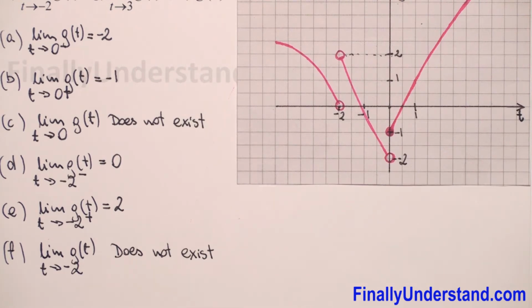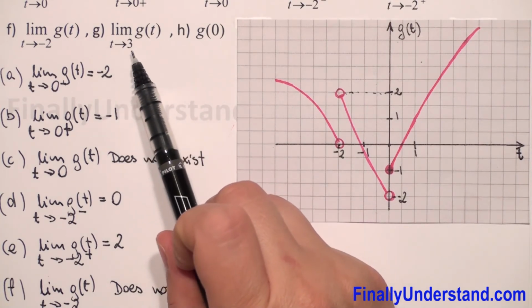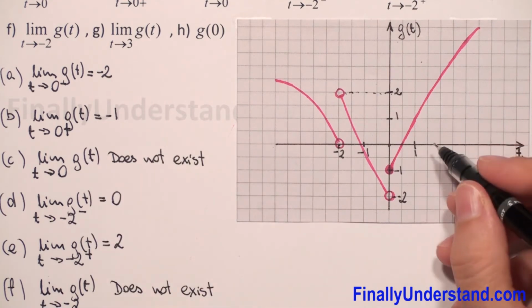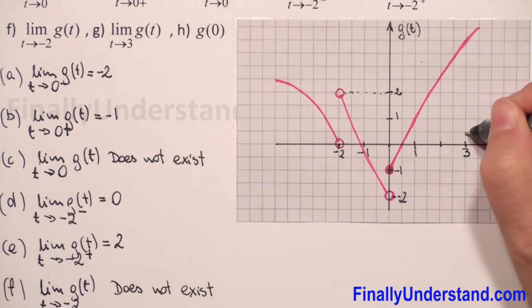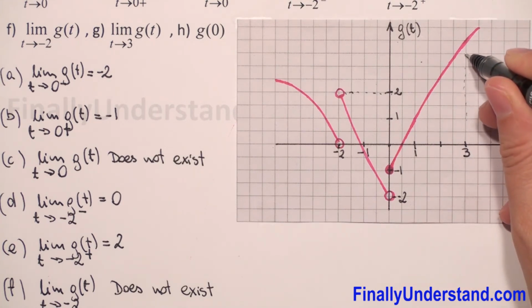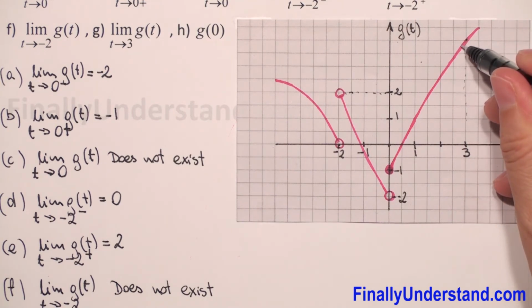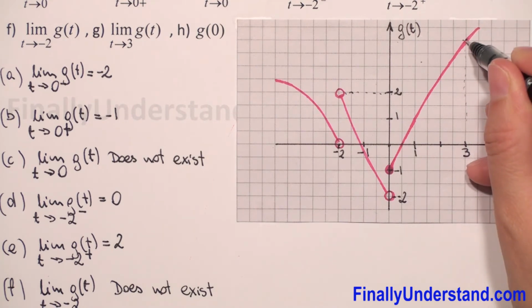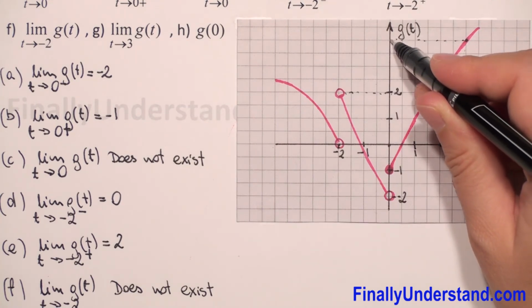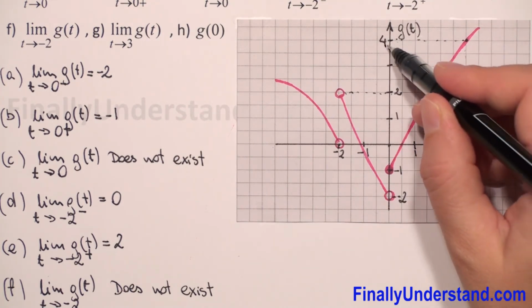Now we have to find the limit of g of t as t approaches 3. So let's find 3. We have 2, 3, and let's check what happened to our g function. When we are going to 3 from the left side and from the right side, we see that we are going to this point, and the value of our g function will be 4.